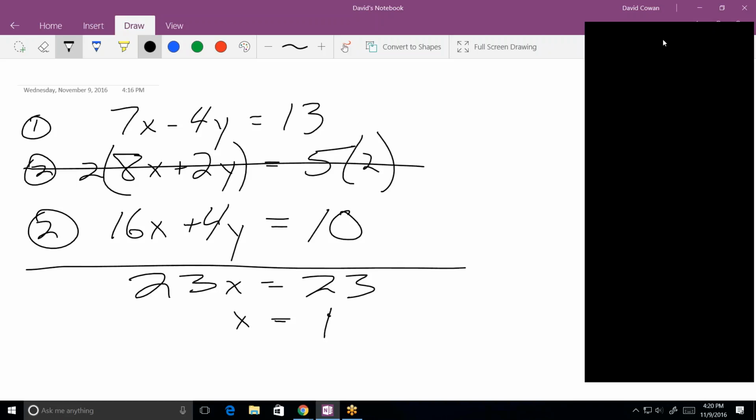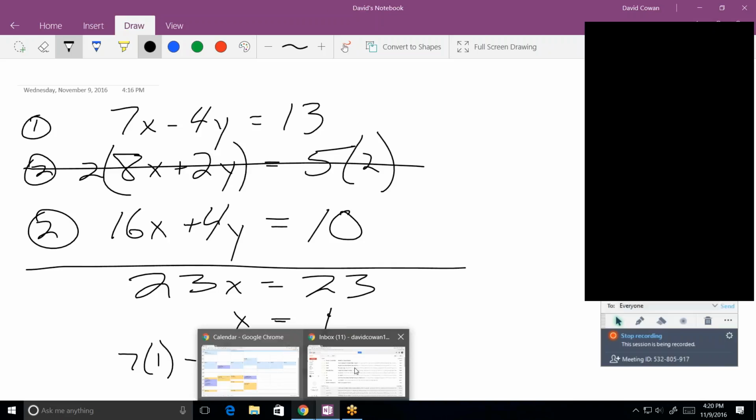How do we solve for y? You plug in x to an equation. Which equation should I plug it into? I'd just do the first one. Okay, that's fine. So now I got 7 times 1 minus 4y equals 13. What next?